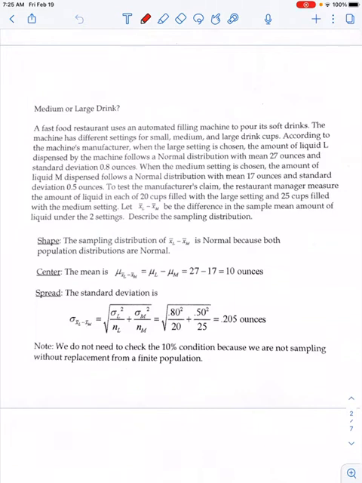Describe the sampling distribution. Anytime it wants you to describe a distribution, you need to talk center, shape, spread, and outliers. Well, you don't have enough information to talk about outliers here, but you can talk about the center, shape, and spread.